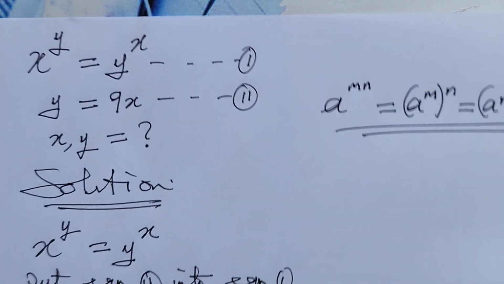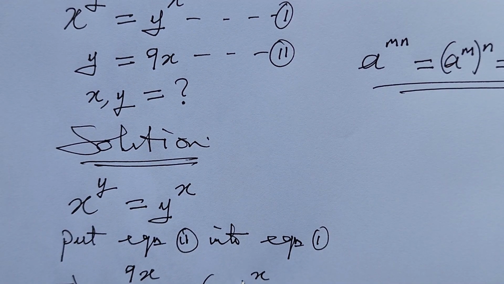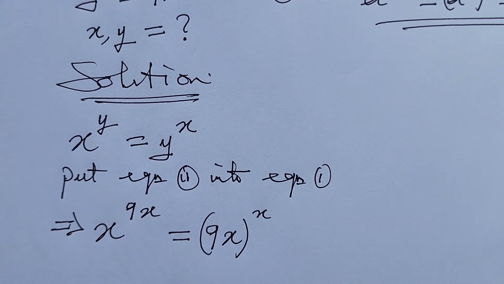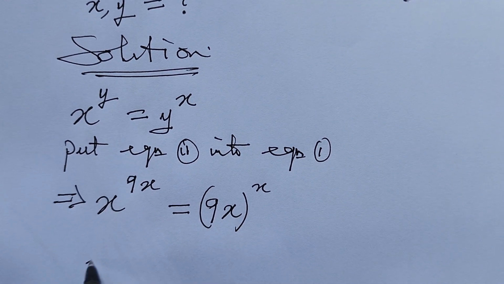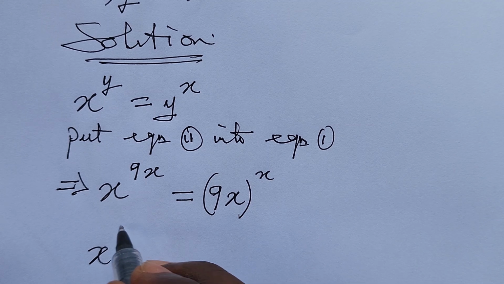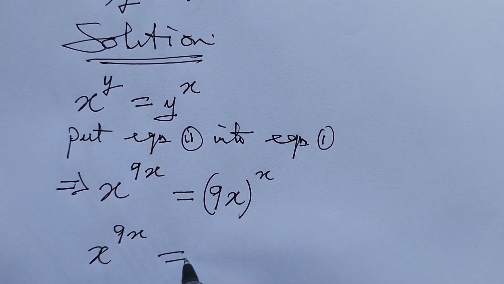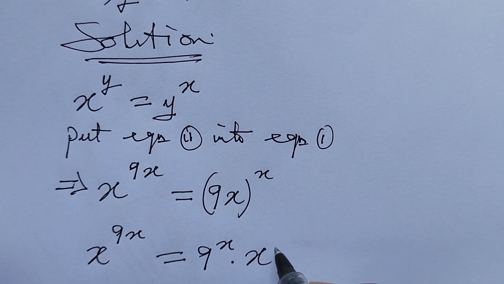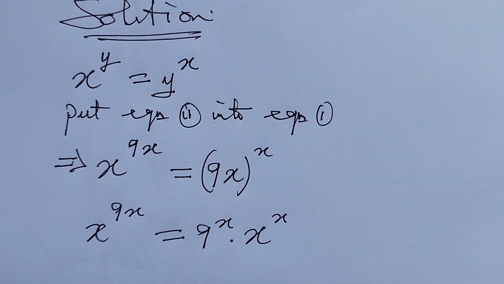So if we consider this, we can use it to open up everything we have in here. So this is going to give us x to the power of 9x equal to 9 to the power of x times x to the power of x, right?